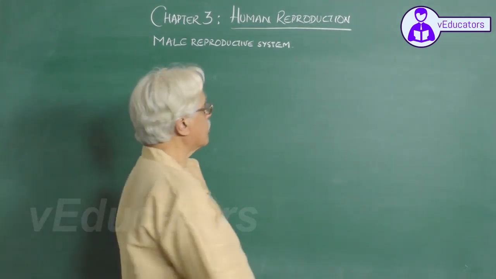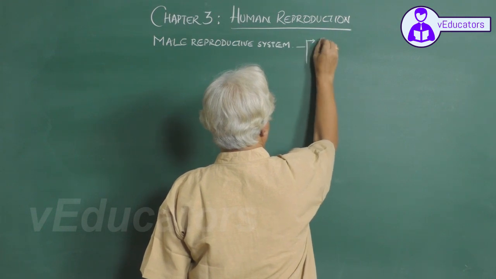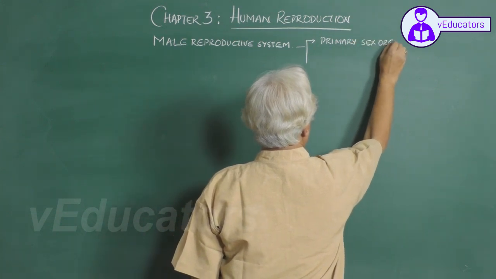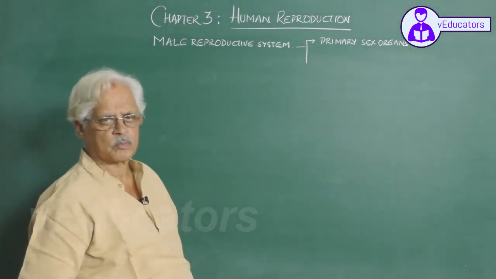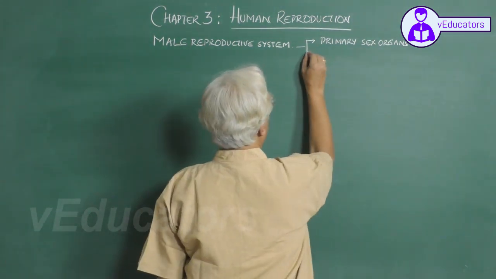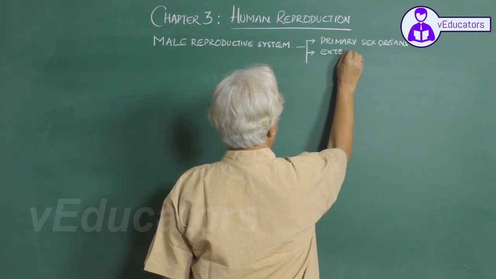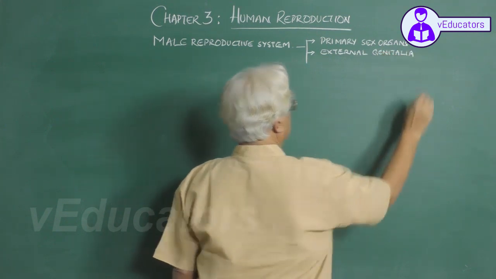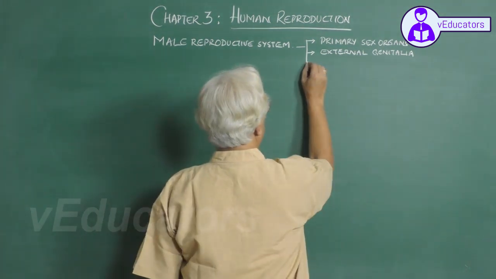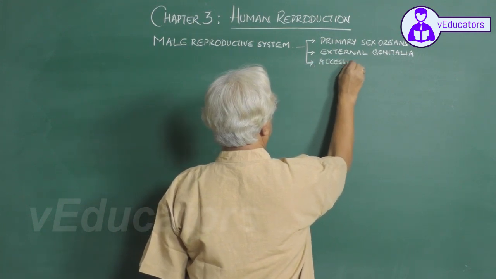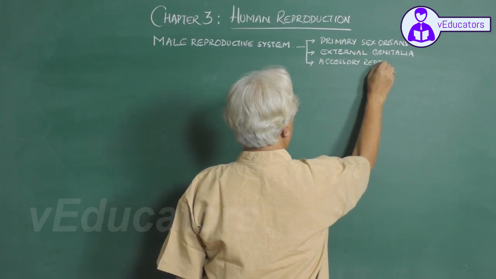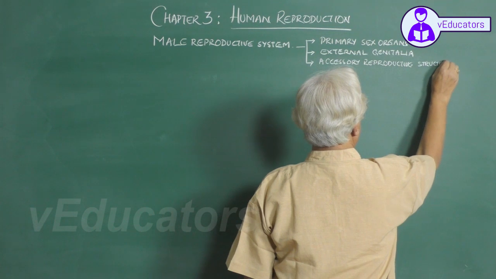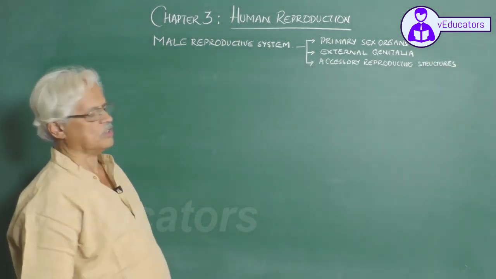The male reproductive system consists of primary sex organs, external genitalia, and accessory reproductive structures.